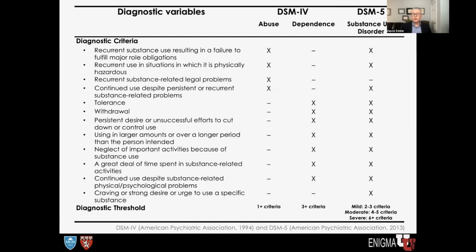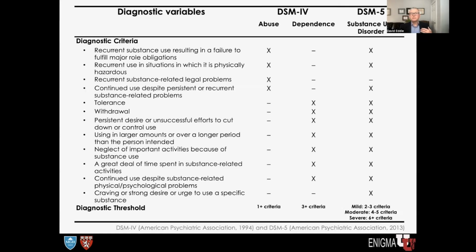Now you'll notice a few other changes. There's 2 other changes in terms of the diagnostic features. So they got rid of recurrent substance-related legal problems. You can perhaps guess why. Problem was, the people who have recurrent substance-related legal problems were often not the people who were using alcohol and other drugs in the most hazardous way, or often the most marginalized people.